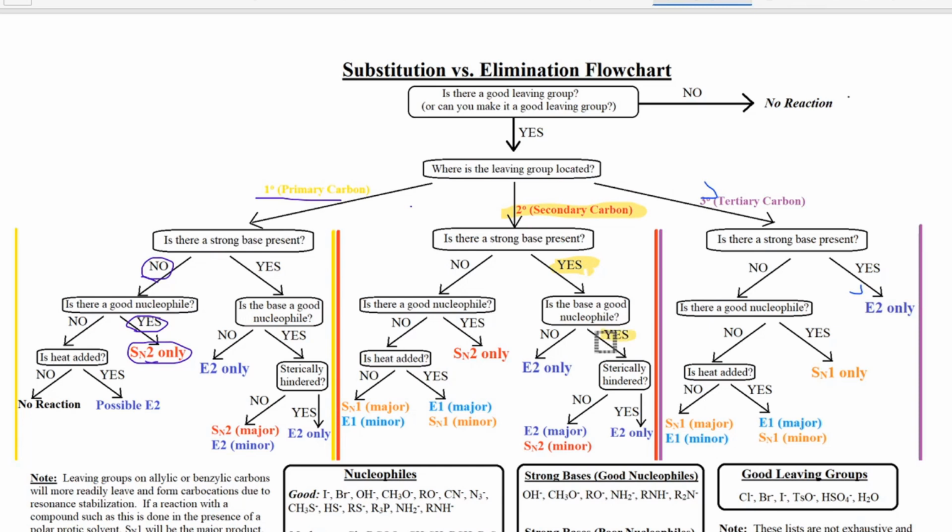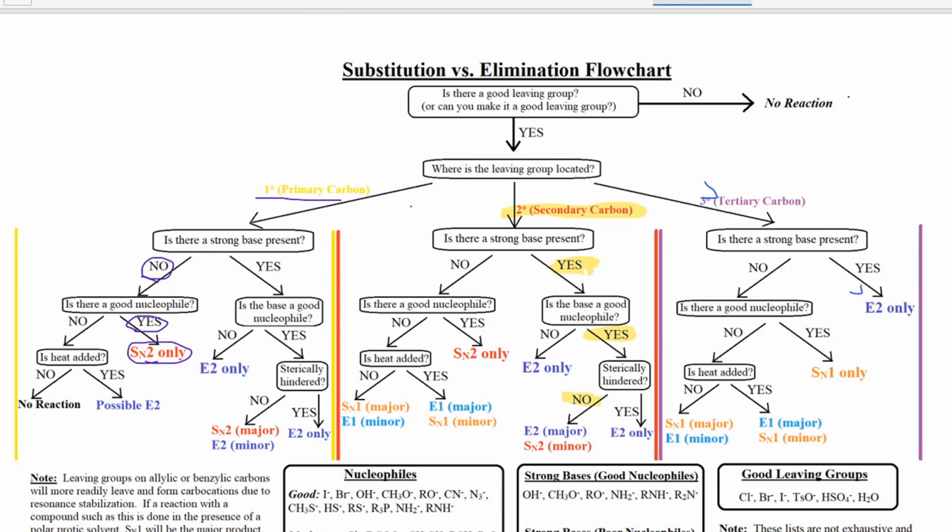The base is a good nucleophile, but it's not sterically hindered. The truth is, if the base is a good nucleophile for a secondary carbocation, it doesn't matter what else happens. You're still going to get E2 as your major product. SN2 is going to be a minor product, even if it's not sterically hindered, as in this case.